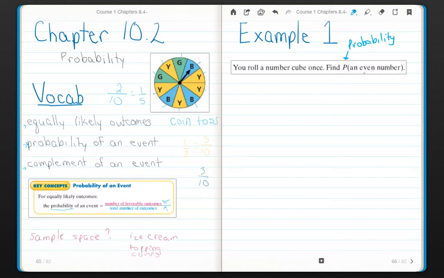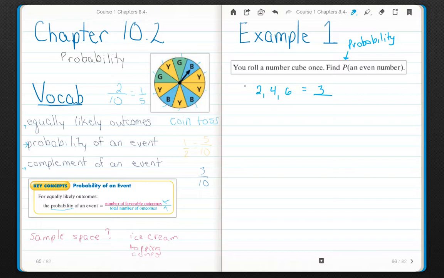And then the event that I want is going to be in parentheses after it. So find the probability of rolling an even number. Well, on my standard number cube, my even numbers are 2, 4, and 6, which means there are 3 even numbers that I could roll.